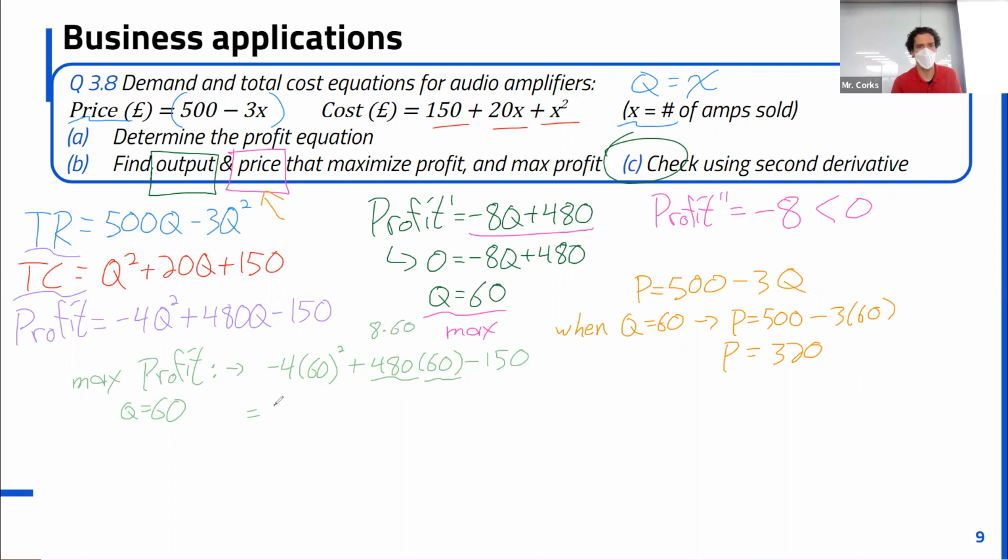So this whole thing simplifies into just 4 times 60 squared minus 150. And what is our final number here? 14,250. That is our maximum profit.